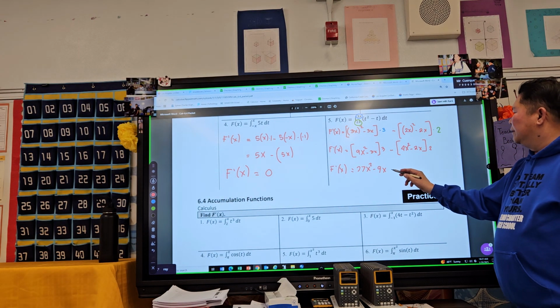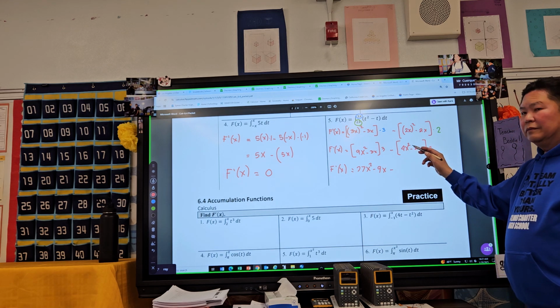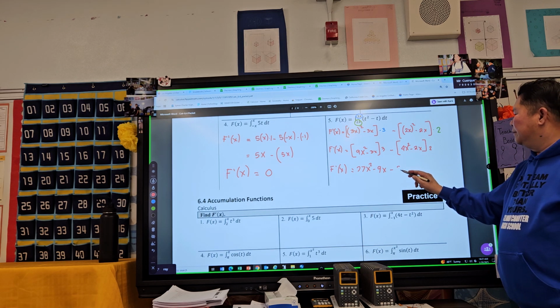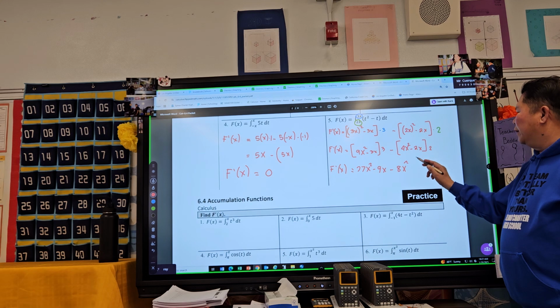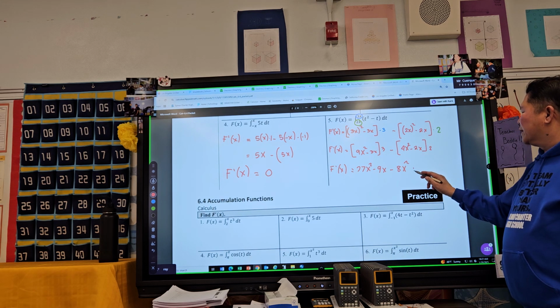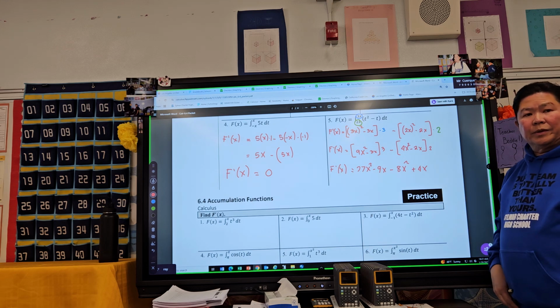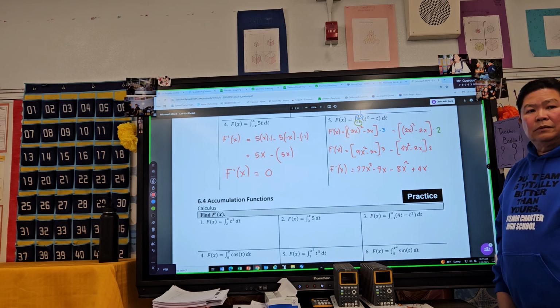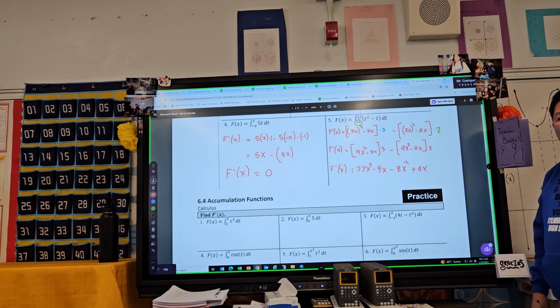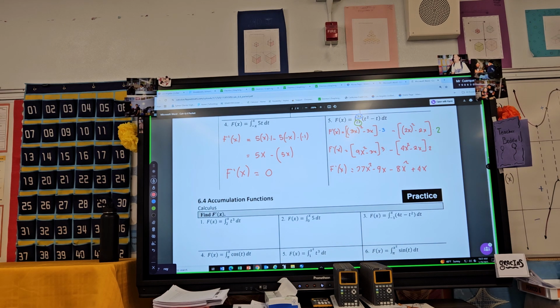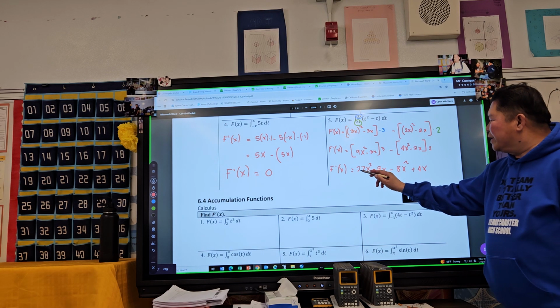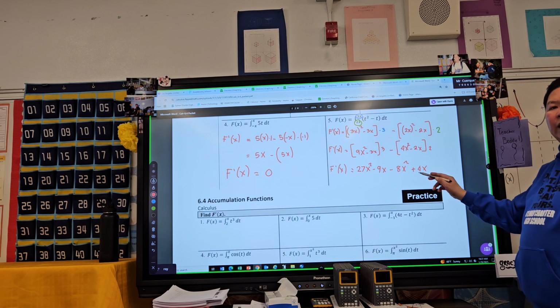Then, because we have 27x squared, and then plus 4x, and then combine like terms. Because 9 times 3 and 3 times 3 is 9. Just distribute it. This is 27. So, combining like terms.